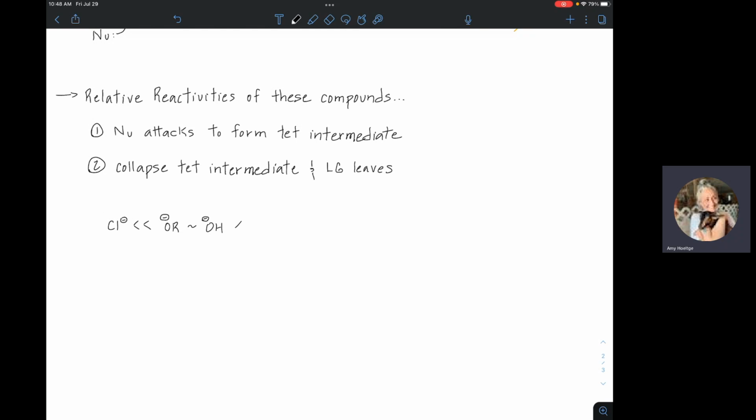And those are going to be weaker than the amide anion. So therefore, in terms of who's the weaker base, this is the weakest. This is going to be the strongest. These are all the leaving groups if we attack these things, right?